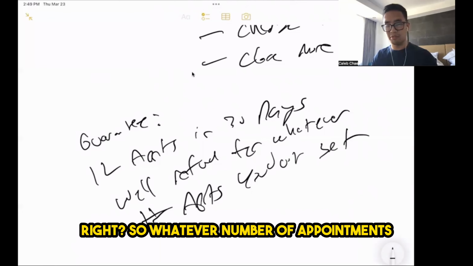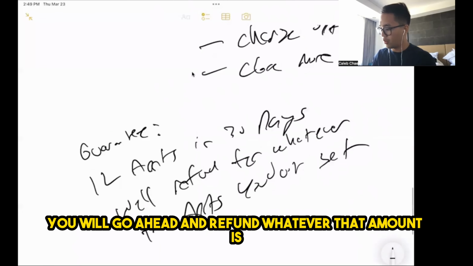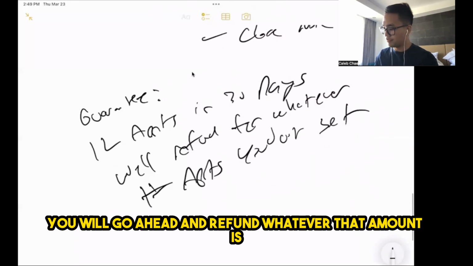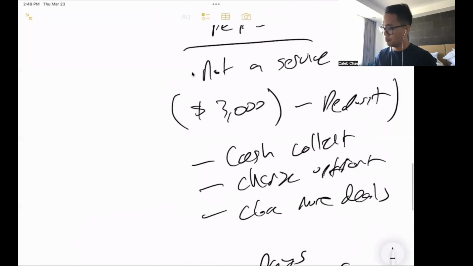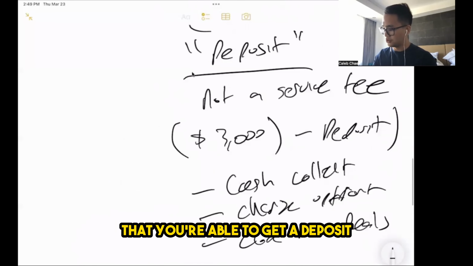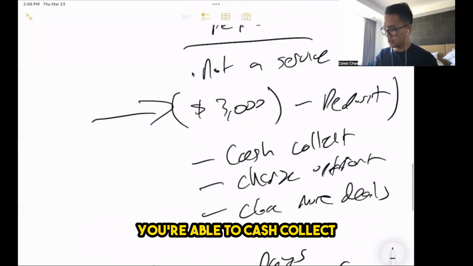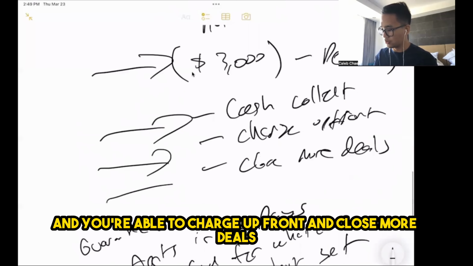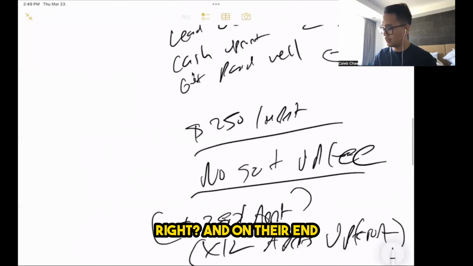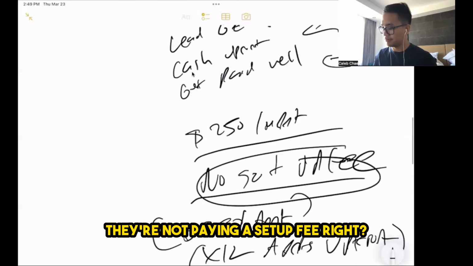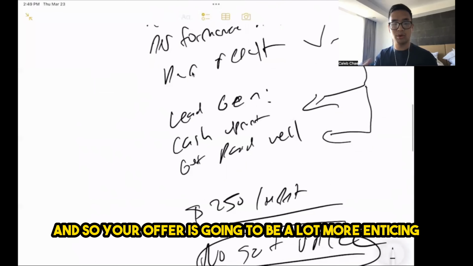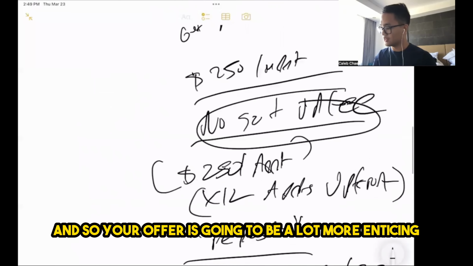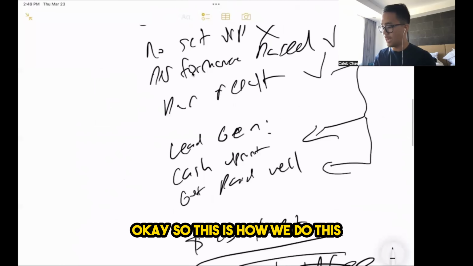So whatever number of appointments that you do not get, you refund that amount. But the great thing is that you're able to get a deposit, cash collect, charge up front and close more deals. And on their end, they're not paying a setup fee, so your offer is going to be a lot more enticing.